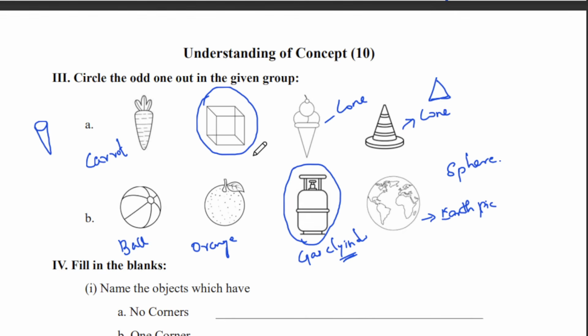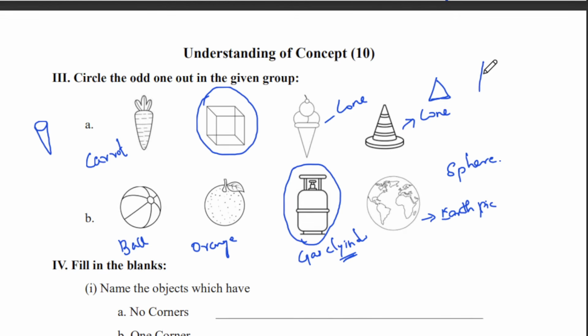So this is going to be very easy, students. Do not expect the same question in your exam. They will ask different questions also. For example, if they are giving a piece of cake, and a ball, and again a sphere shape and an orange, you have to circle the piece of cake because the cake is in triangle shape.